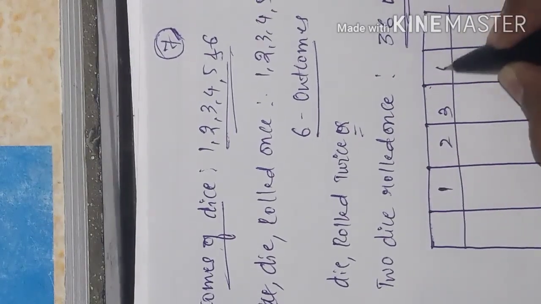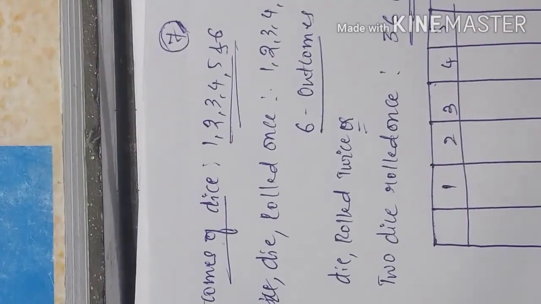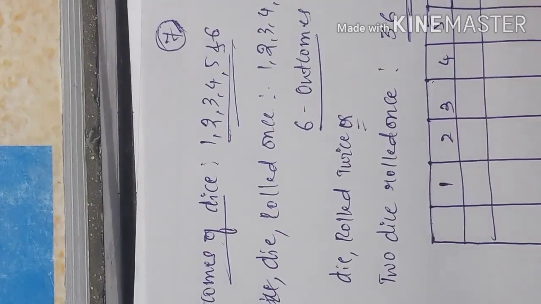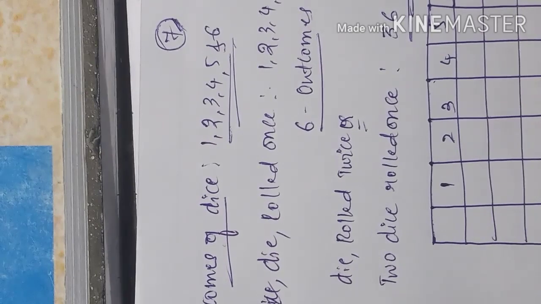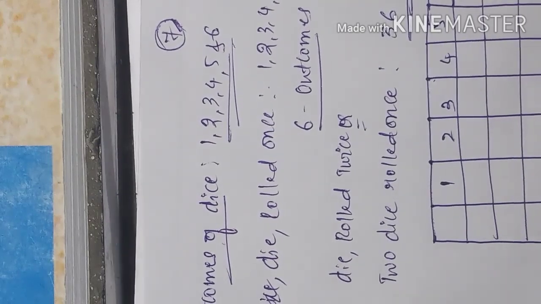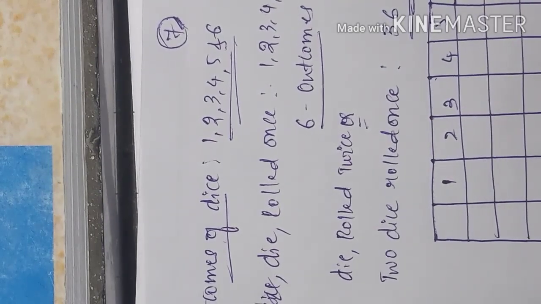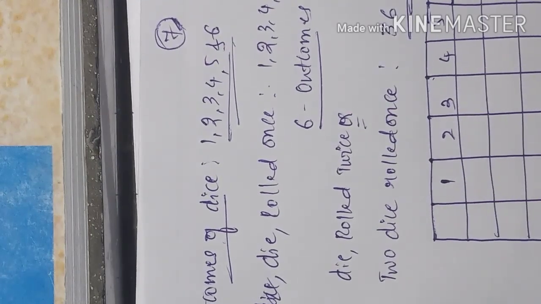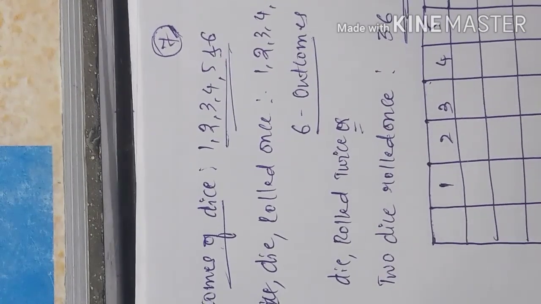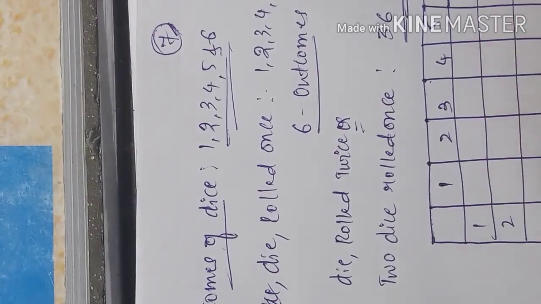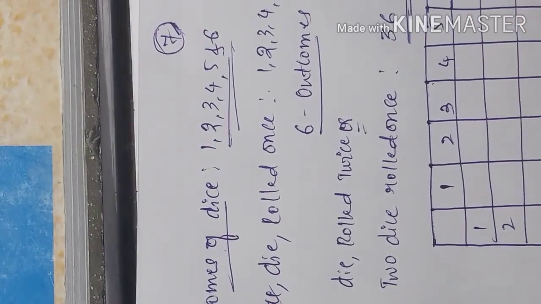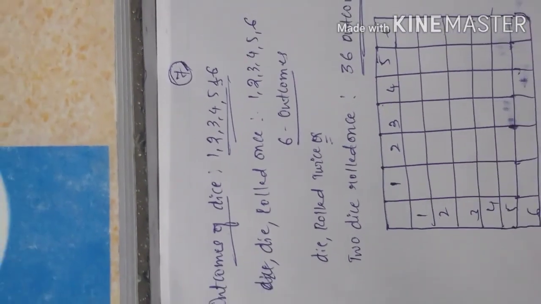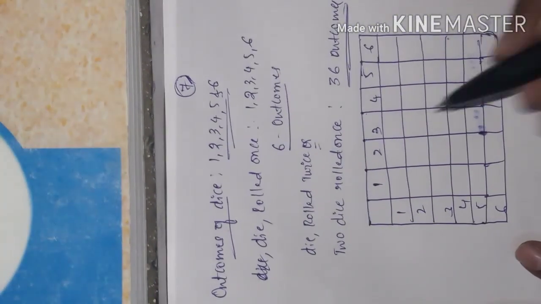One, two, three, four, 5, 6. One more. Now let us write the outcomes of one die here, and one more die here, 3, 4, 5 and 6. Now see what it says.